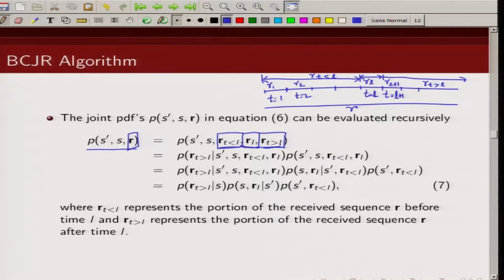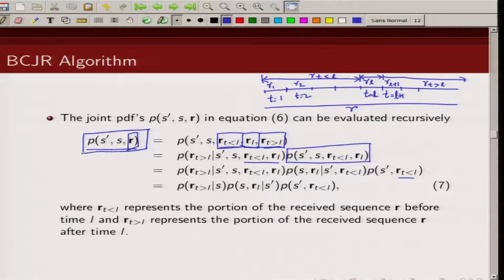Now, using Bayes rule, I can write this probability as probability of R at time greater than L given S prime and S, and these are multiplied by probability of S prime, S and R at t less than L and R L. Now, subsequently, I can further simplify this, again apply Bayes rule, and I can write this as probability of S and R L given S prime and R t less than L, multiplied by probability of S prime and R t less than L. So, note now this term that I had here.